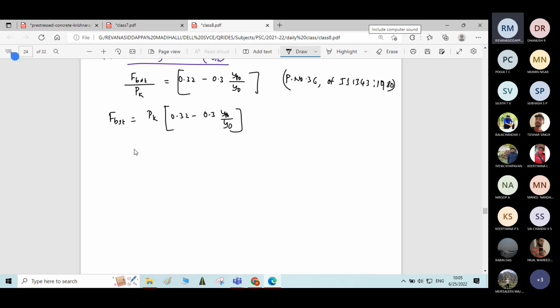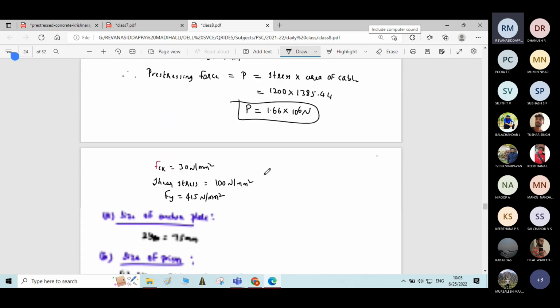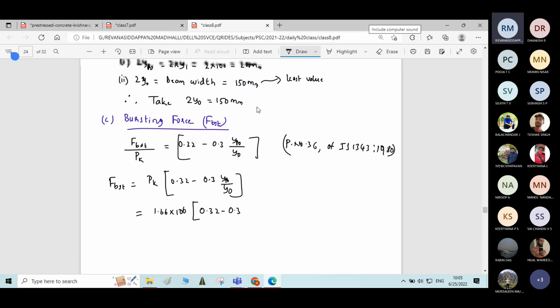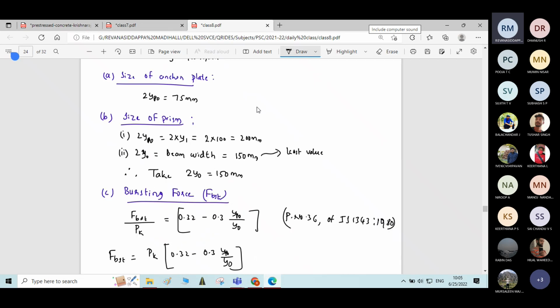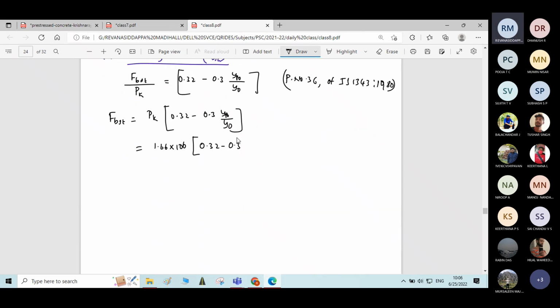Stressing force is given. We have calculated it, that is 1.66 into 10 power 6. So, 1.66 into 10 power 6 into 0.32 minus 0.3 into Yp naught is 75 and Y naught is 150, so 75 by 150.